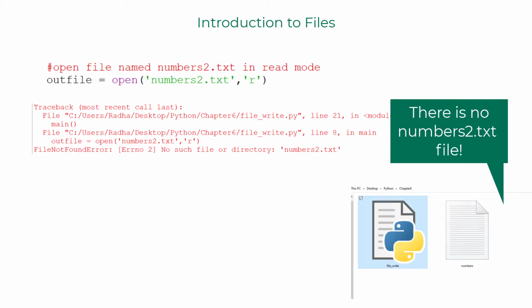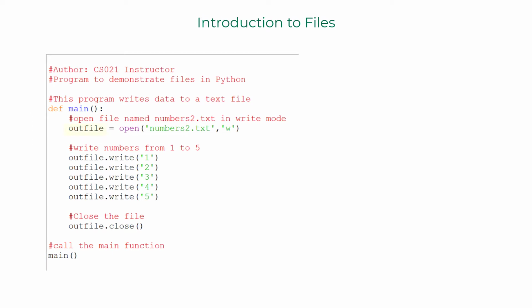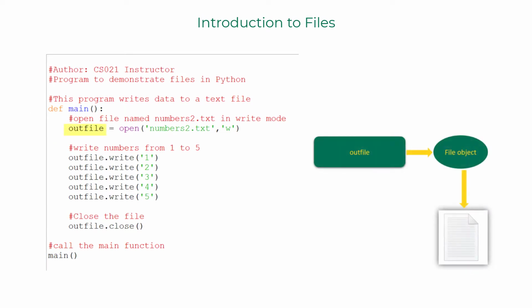We shall see how to handle such exceptions in upcoming lectures, but for now, let me explain the concept of a file variable right here. This file variable points to a file object that is connected to the file on the computer storage. Like functions, which you have seen earlier in the course, the objects in Python have methods.